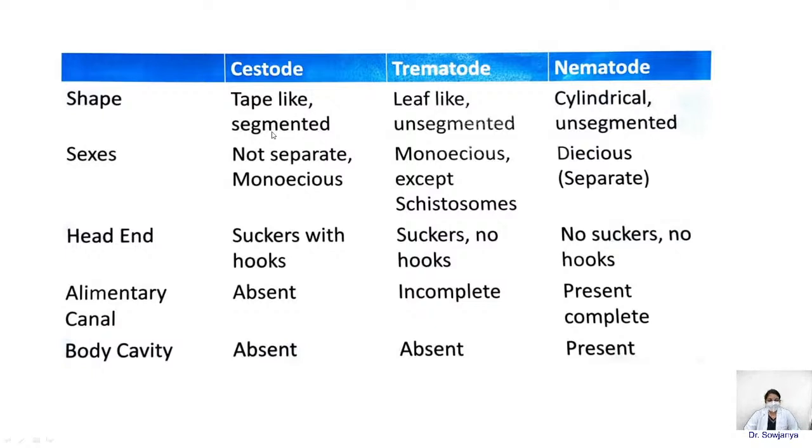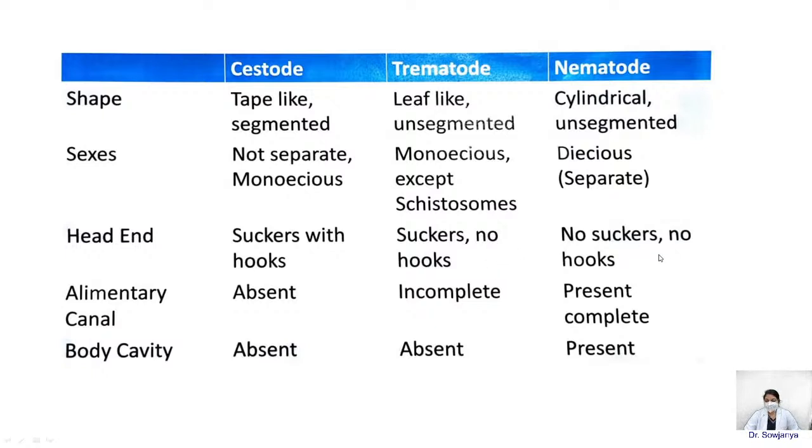In cestodes, the sexes are not separate; they are monoecious, and trematodes are also monoecious except for schistosomes, and nematodes are dioecious. That means their sexes are separate. As I said, the body has head, neck, and body. The head end of cestodes has suckers and hooks, and in trematodes, the head end has only suckers, but hooks are absent.